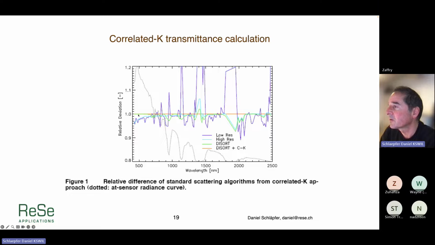The red line is DISORT scattering plus correlated-k, so that's the reference, and you had quite some difference, up to 20%, with the old algorithms. So in short, it's worthwhile to run the correlated-k approach in MODTRAN. Scientifically, it's worthwhile. The major problem is that it takes longer.